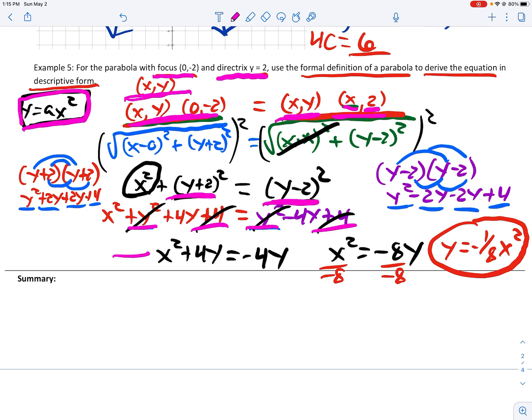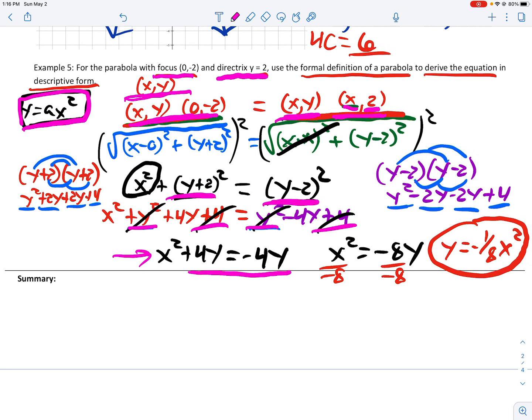Then I get down here to this part with the purple arrow, and now this looks a lot neater, right? I just have y on both sides. So subtract the 4y over, and now it's starting to look a lot like what I'm trying to get to. Divide by negative 8, and I get an equation that's y equals negative 1/8 x squared. So perfect.